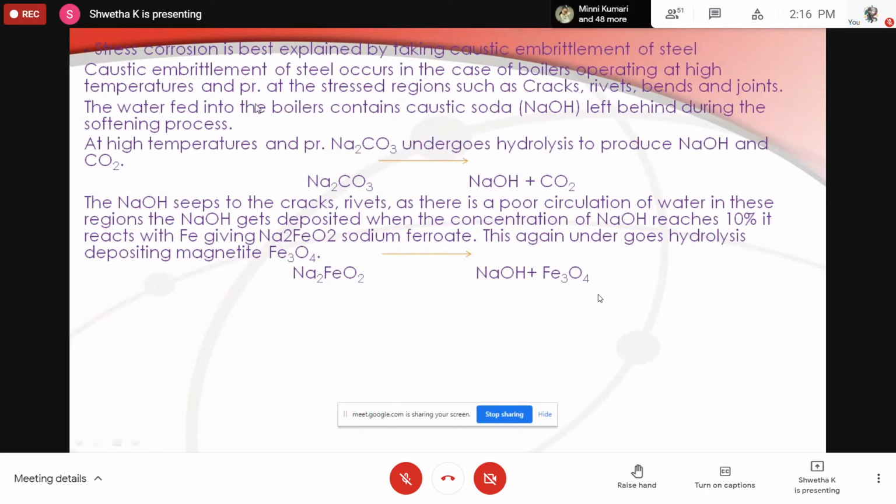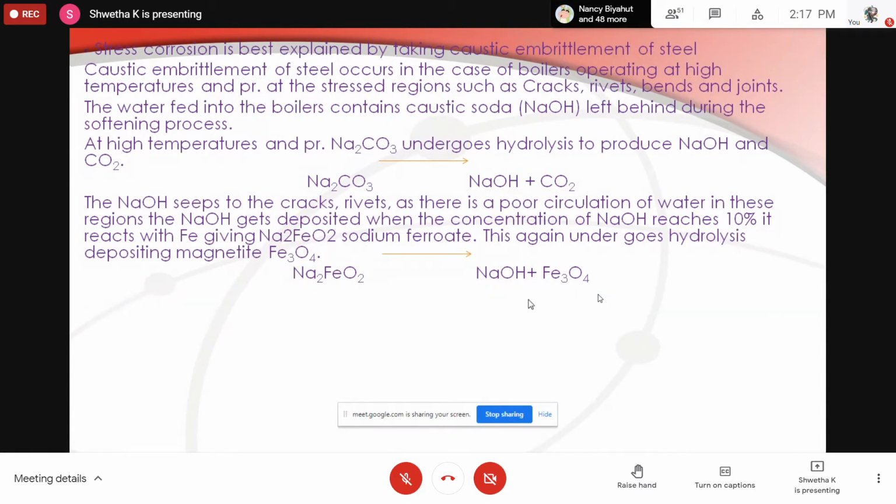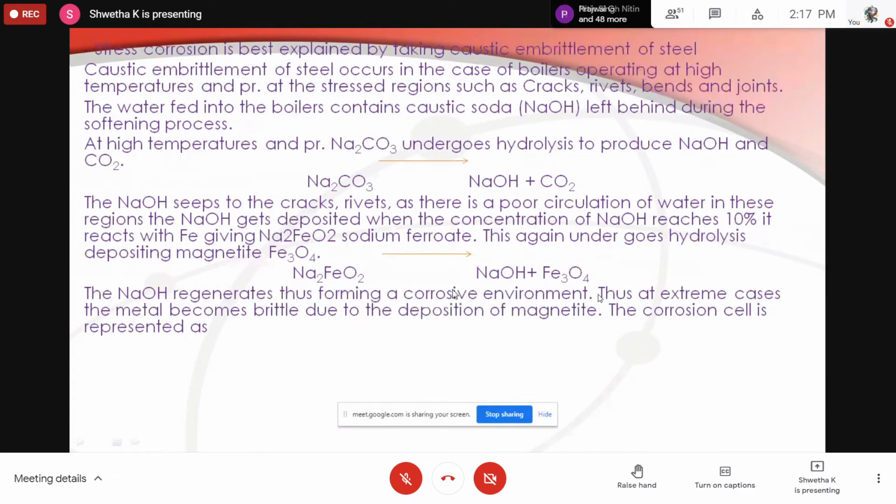There is a formation of sodium ferrate, Na2FeO3. Now, where will the sodium ferrate formation be? Inside the boiler only. There is water also there, so again it undergoes hydrolysis. There is a formation of magnetite, an oxide layer.